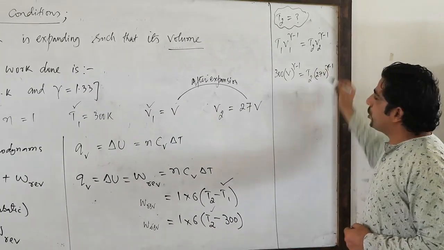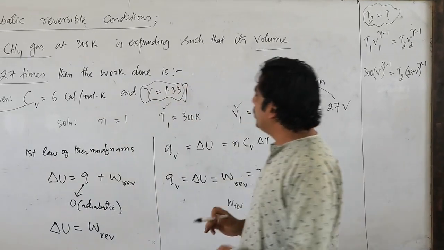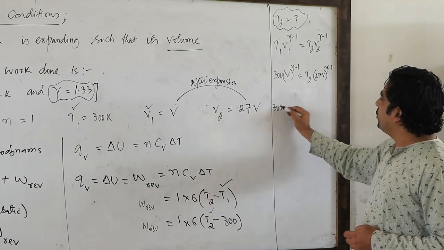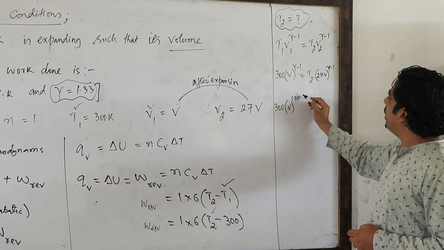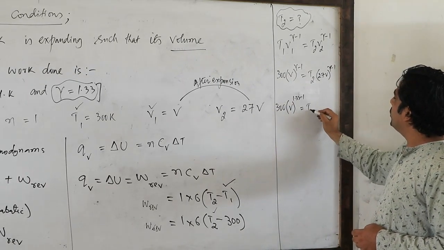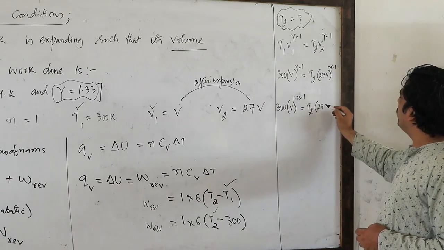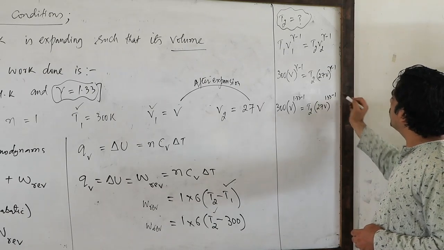Now in this question, my dear friends, the gamma value is given. Gamma value is 1.33. So I will put here 300, then V raised to 1.33 minus 1 is equal to T2 times 27V raised to 1.33 minus 1.